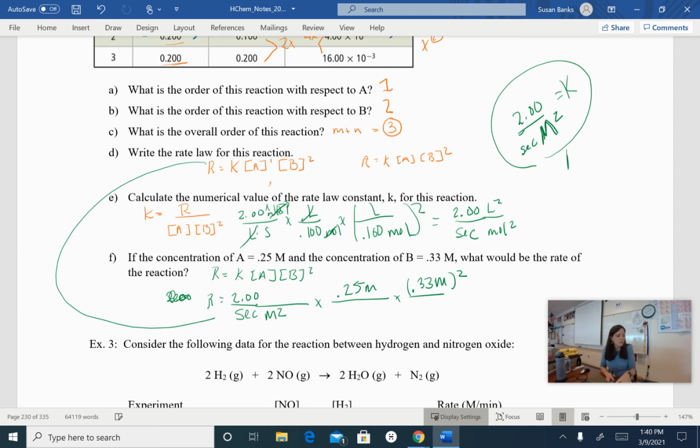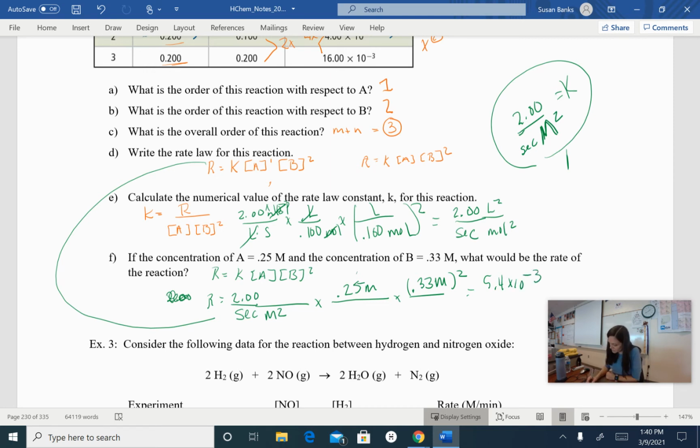Okay, so when I do that, I get 0.54. I only have 2 sig figs on these, so I will get 5.4 times 10 to the negative 3 for my rate.